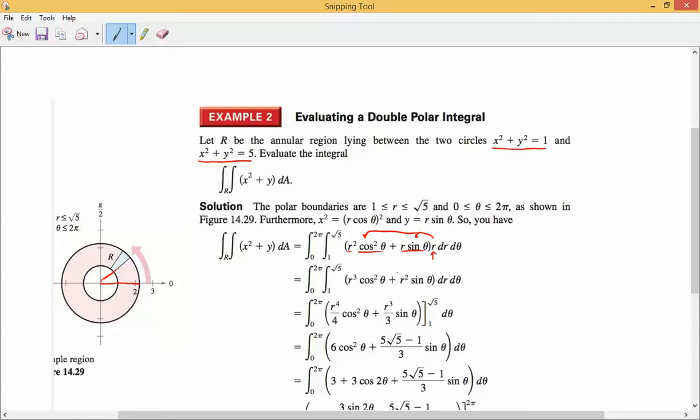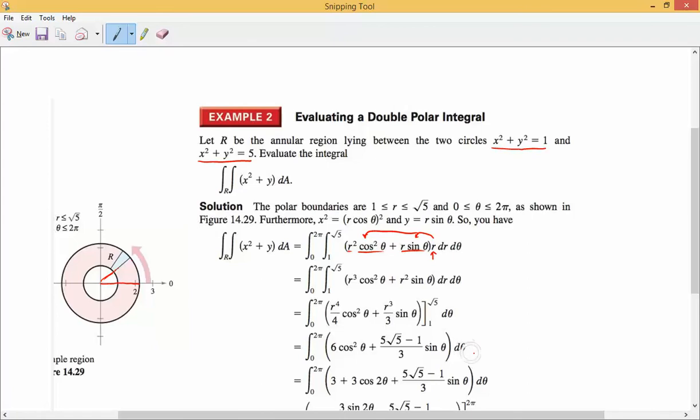And so here they integrated with respect to r. Remember, the thetas are constants, so you don't have to have dr's there. They integrated with respect to r, and then they plugged in their values, and they got this right here.